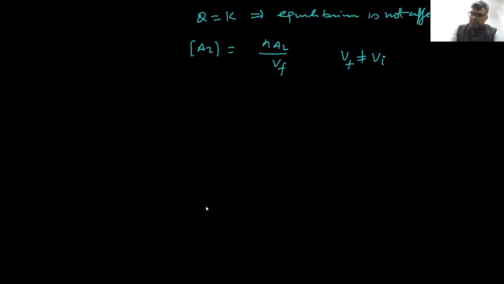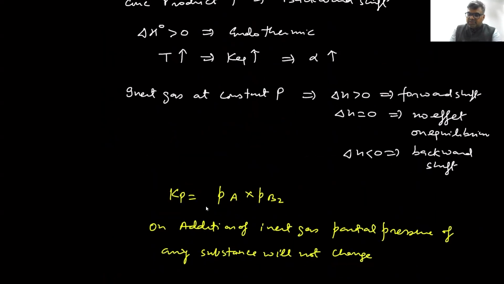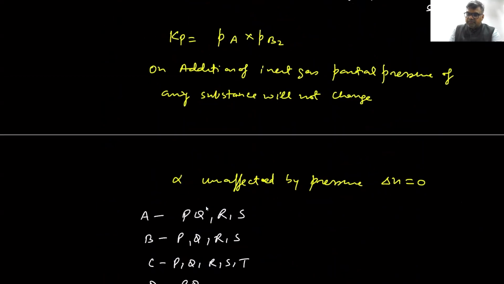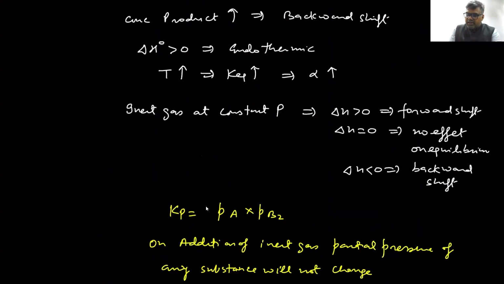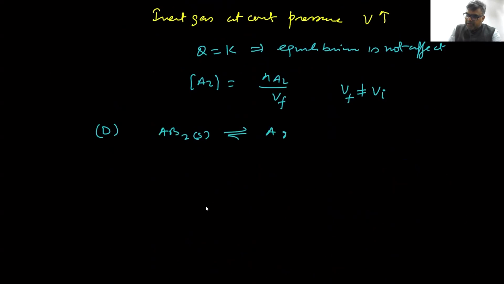Option D also requires a little more explanation. In option D, since one substance is solid, it's given AB2 solid and it will form A gaseous and B2 gaseous.